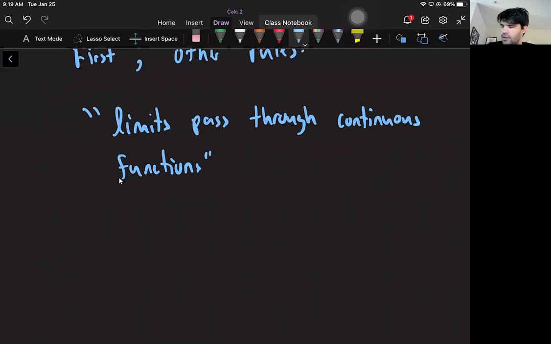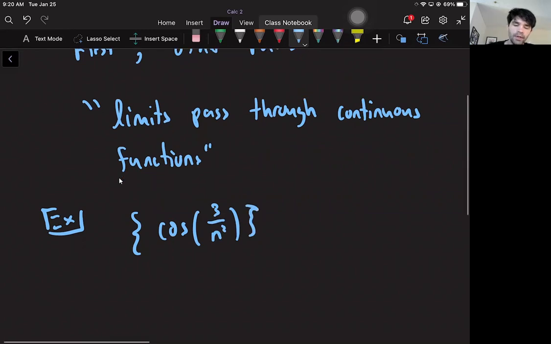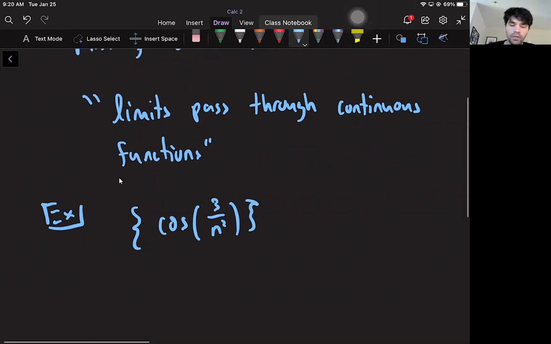And the idea is just that if you need to take the limit of something, and there's a function like eating everything, sort of like this one, then you'll be able to take the limit by passing it through the cosine.